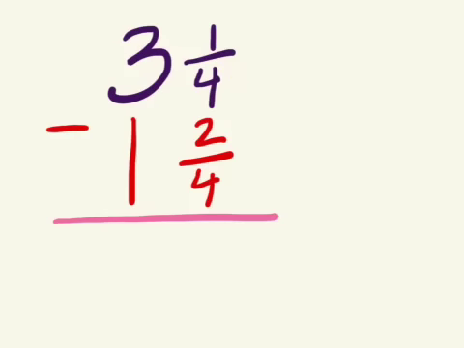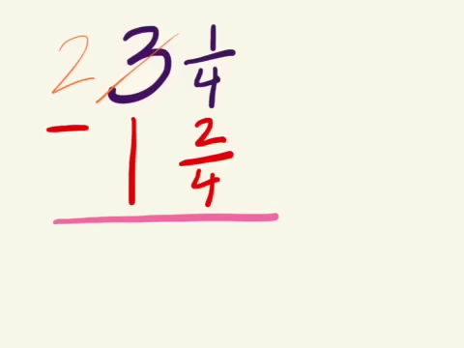So I'm going to take 1 whole away from the 3. And the 3 is going to become a 2. Now if I took 1 whole away, that would be like changing this 1/4 into 1 1/4 because I've taken 1 whole away from it. But that still gets a little bit awkward because then I still have 1/4 minus 2/4.